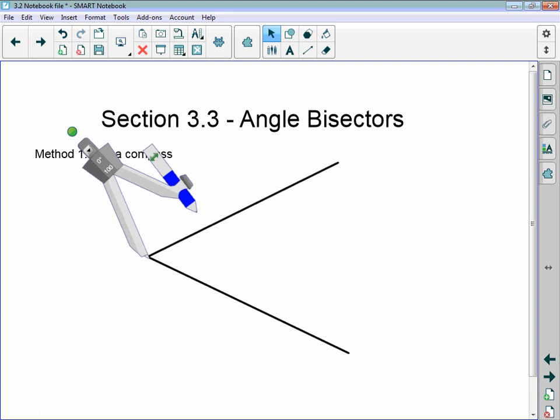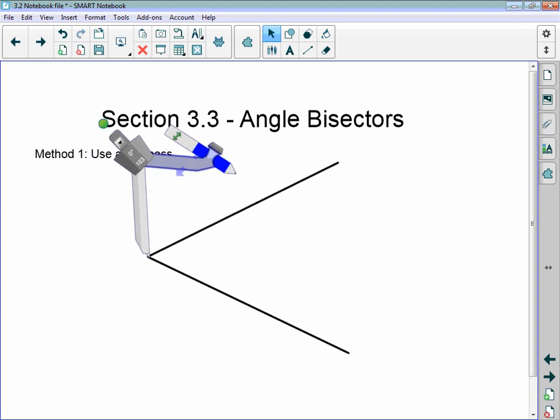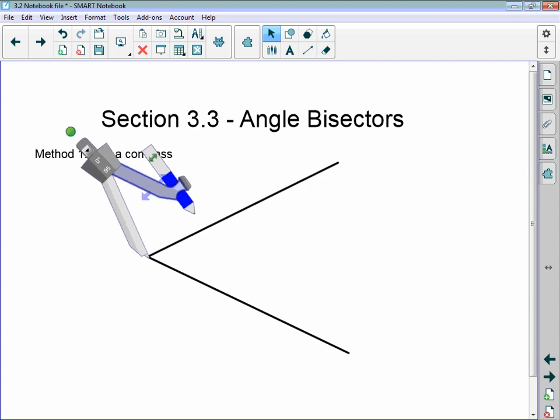You're going to take your compass, and put it right on the point of your angle, right where the 2 lines meet, and you're going to make sure from that point your compass does not move, does not get wider or narrower. I can move this compass wider and narrower, but I'm going to leave this digital one at 100, so that's a nice number.